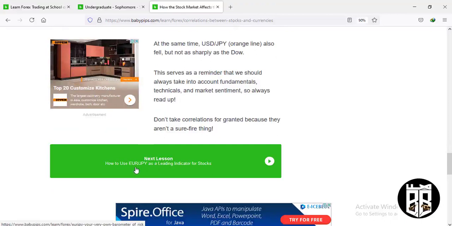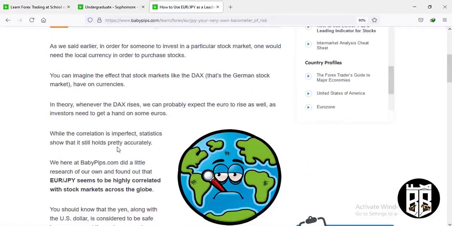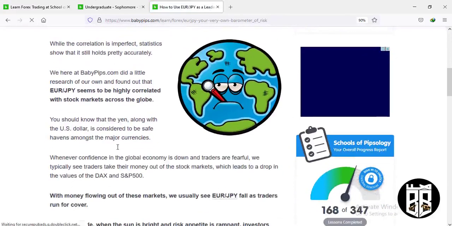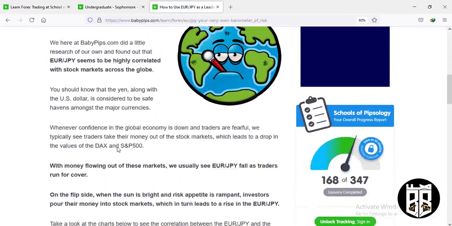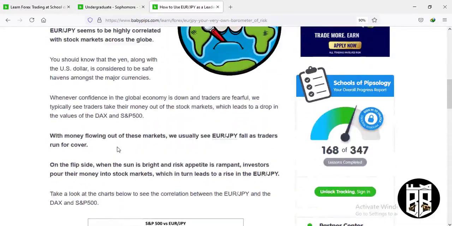Okay, so the next lesson we are going to learn is how to use the EUR/JPY as a leading indicator for stocks. Let's discuss this really quick. It is the same thing we have been saying for a long time.